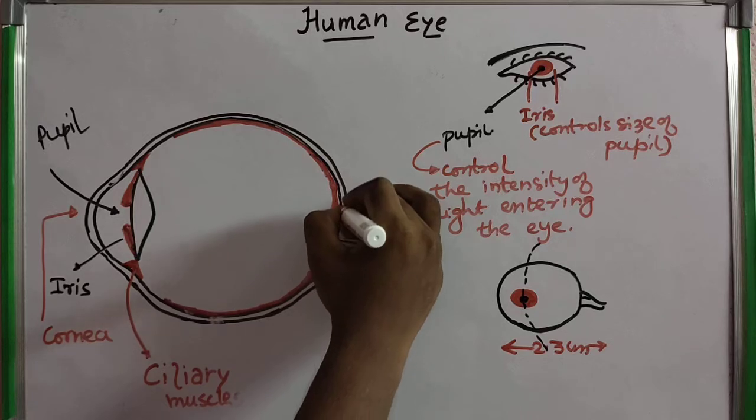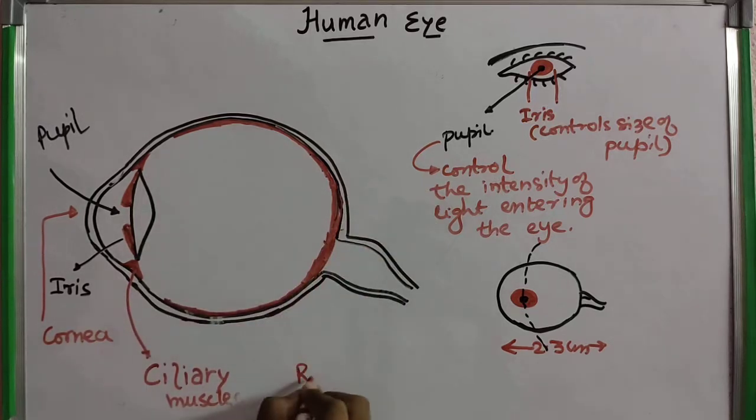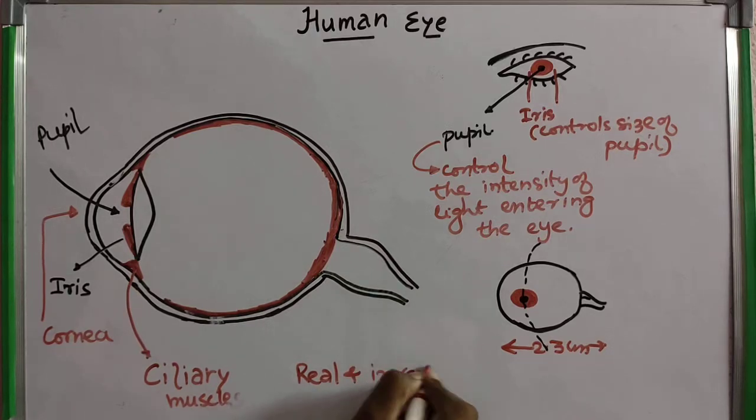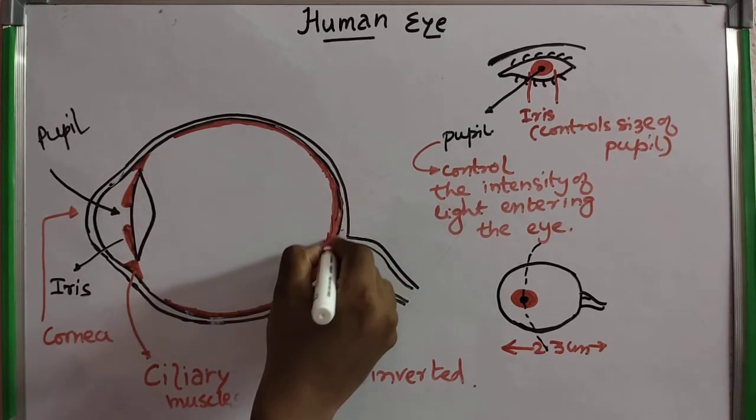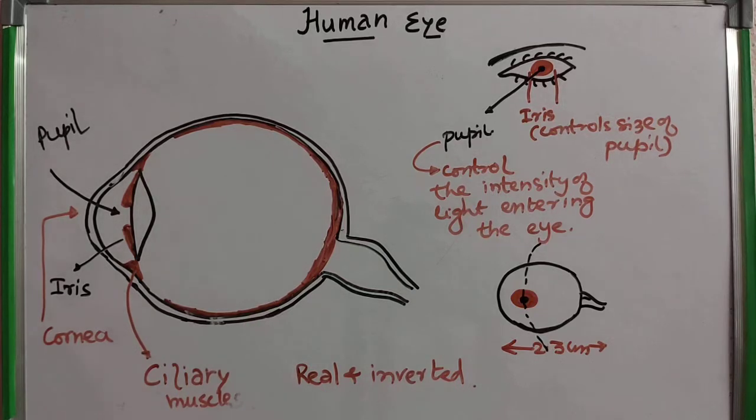So what type of image is it going to be? The image is going to be real and inverted. Do you see inverted images? If the image is real and inverted, are you seeing inverted images? What happens? We'll talk later.